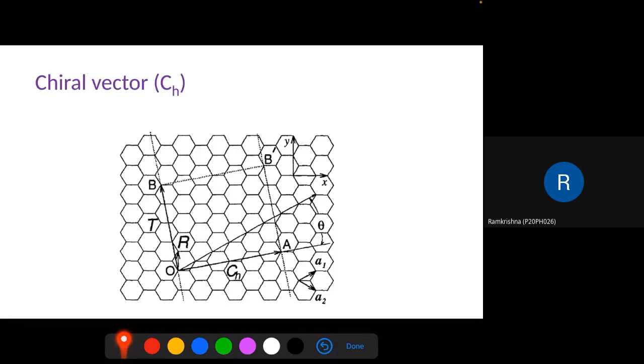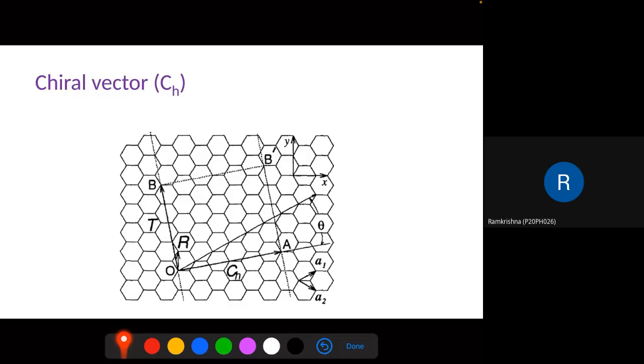When you fold it, you can create a tube out of it, with a tube axis and a diameter and so on. So you create a cylinder-like hollow structure, and this is again a hexagonal lattice.